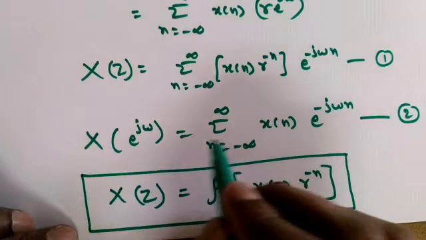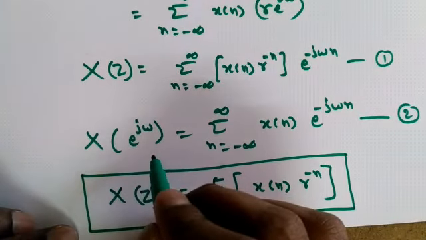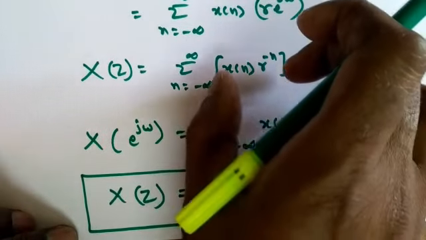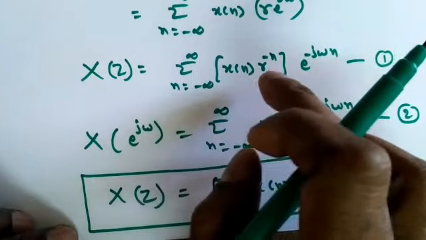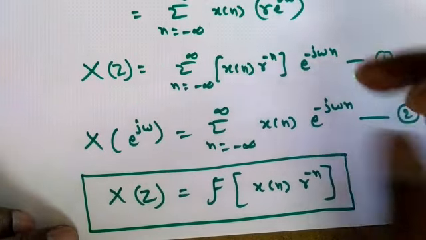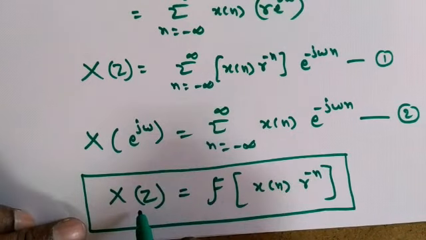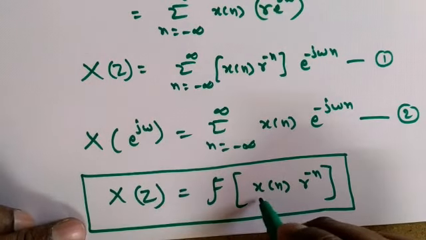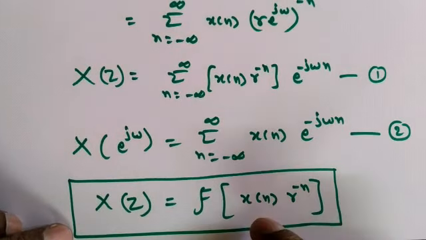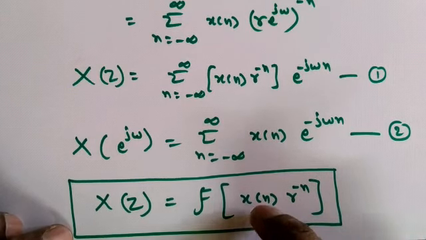See, this is the discrete time Fourier transform, this is the z transform. Wherever x of n is there in the DTFT, in the z transform it is x of n into r power minus n. So the z transform is nothing but the Fourier transform of x of n into r power minus n. That is the reason x of n can be any signal, bounded or unbounded, stable or unstable.